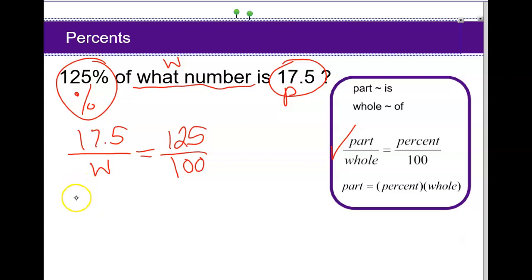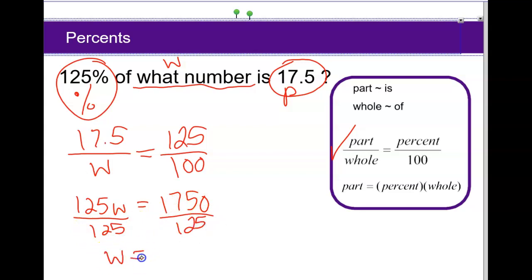W times 125 is just 125W, and 17.5 times 100 is 1,750. To find out what W is, I'm going to divide both sides by 125. And I find out that W is equal to 14. So 125% of 14 is 17.5. And that makes sense because 17.5 is bigger than 14 and 125% is greater than 100.